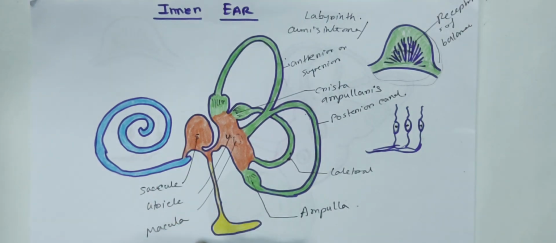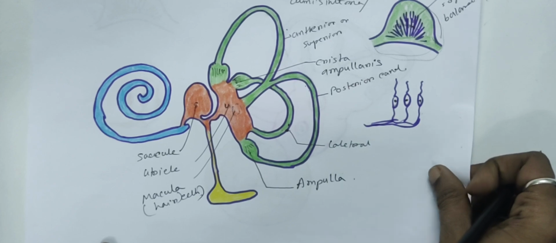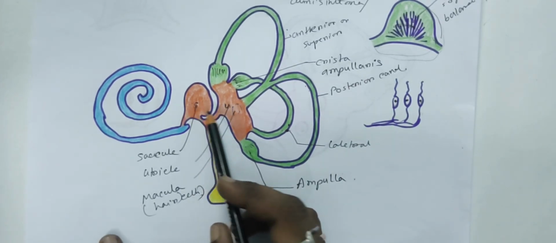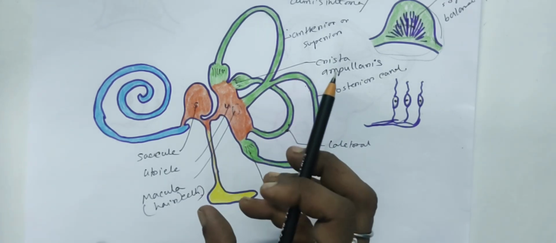Macula also has hair cells. These are the utricle and saccule, and they have their own receptor cells called macula.